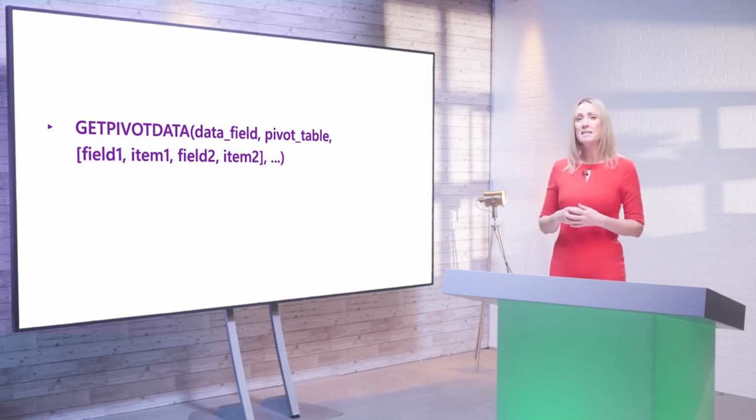This syntax may seem complicated, but Excel simplifies the process of building the function by automatically inserting it. When you select a cell outside of the pivot table, even in another worksheet or workbook, and type the equal sign, then click on the field in the pivot table that contains the value you want to retrieve, Excel automatically inserts the getPivotData function with the correct syntax.